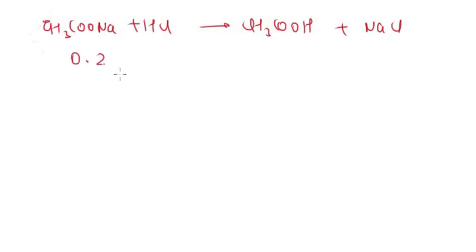It is 0.2, HCl we have added 0.3, and it is 0.2. So it will completely end, it will form 0.1 and will form 0.4. So pH.